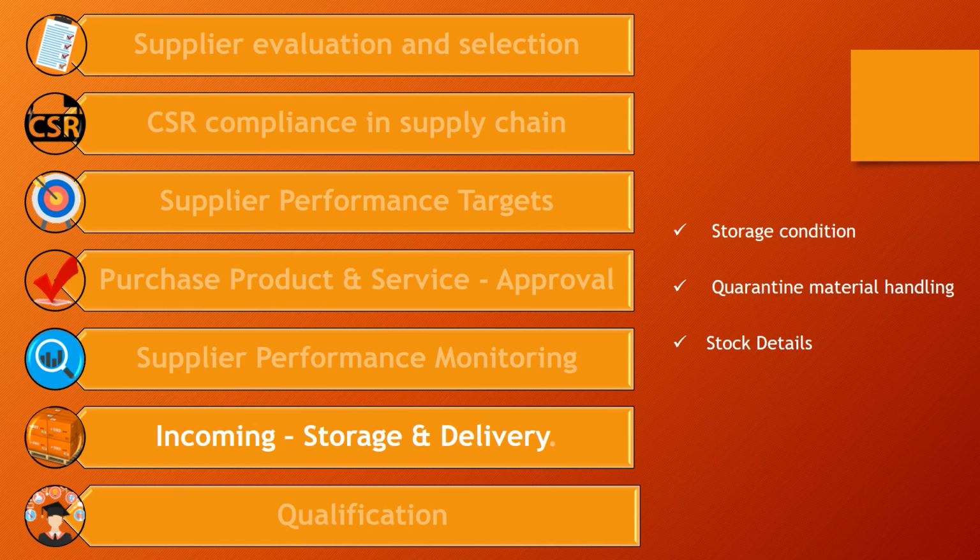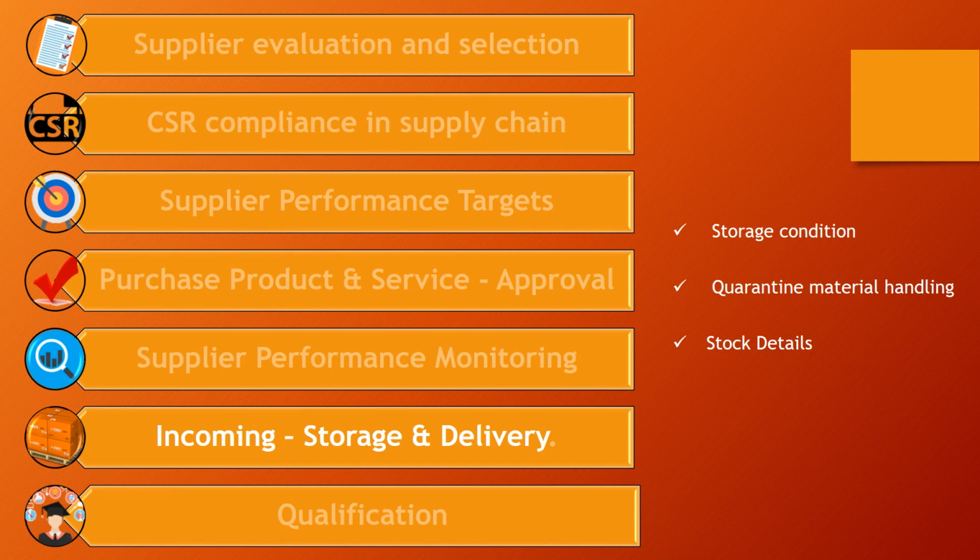For quarantine material, you should have a quarantine area which has a proper lock and key arrangement to avoid any unauthorized access. The FIFO and batch traceability is also something which needs to be focused on while evaluating this question. There should be proper FIFO and stock status maintained in the stores for inventory control.